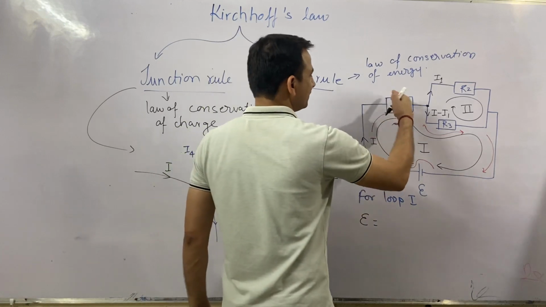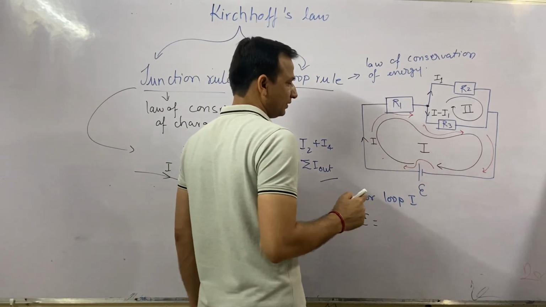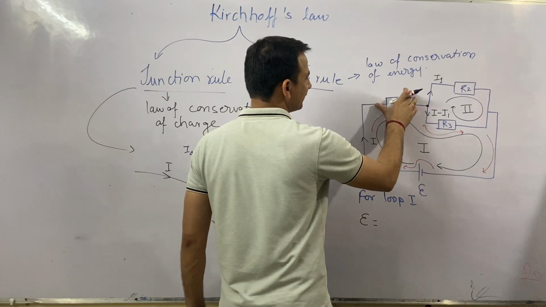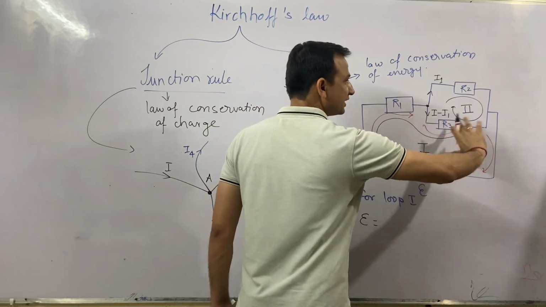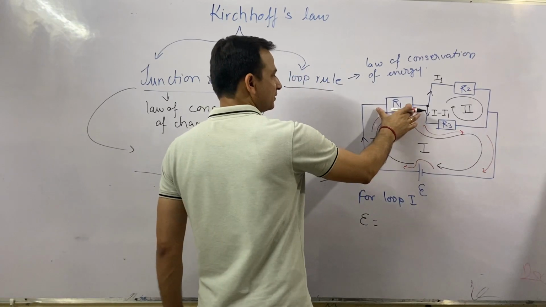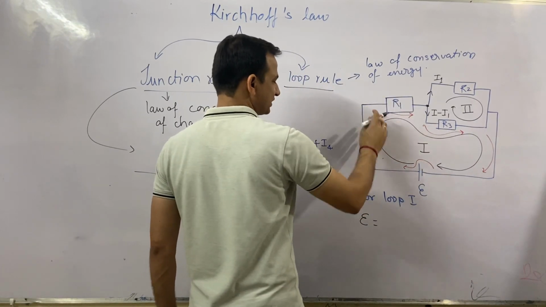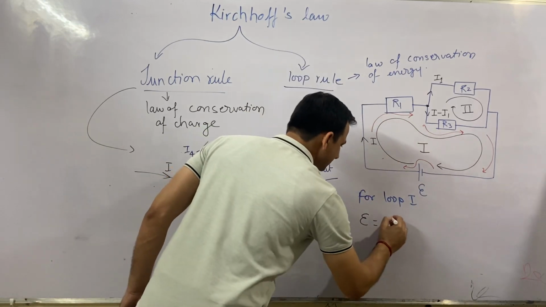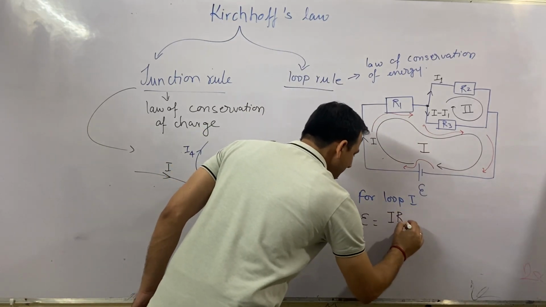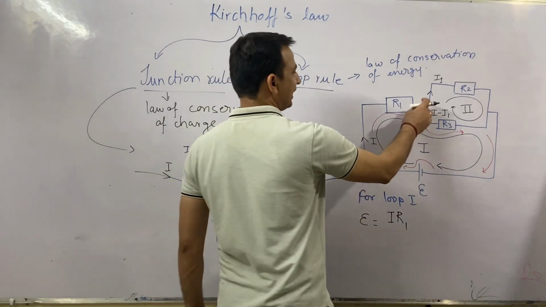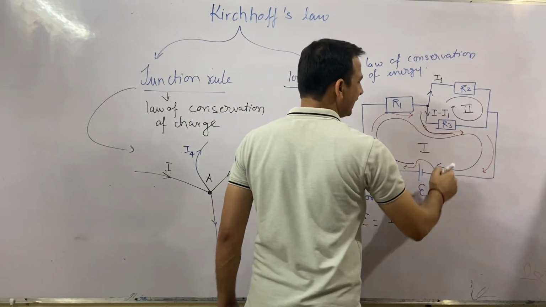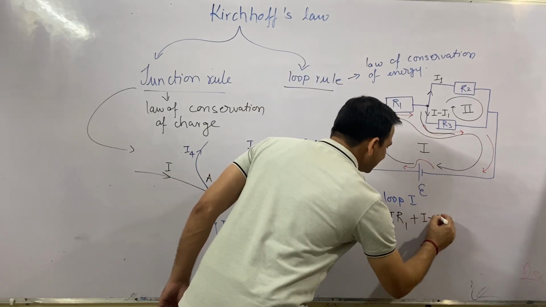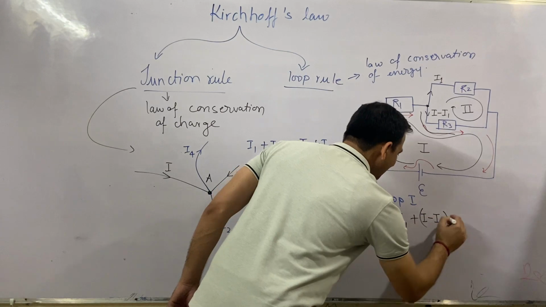And what is the potential difference across each resistor? For this resistor R1, the potential difference is I R1, and for R3 it is (I minus I1) R3.